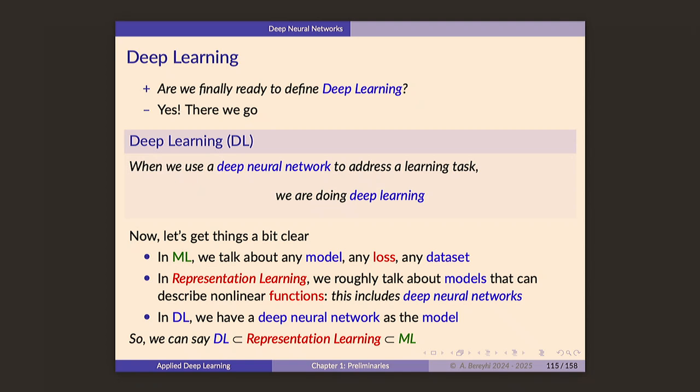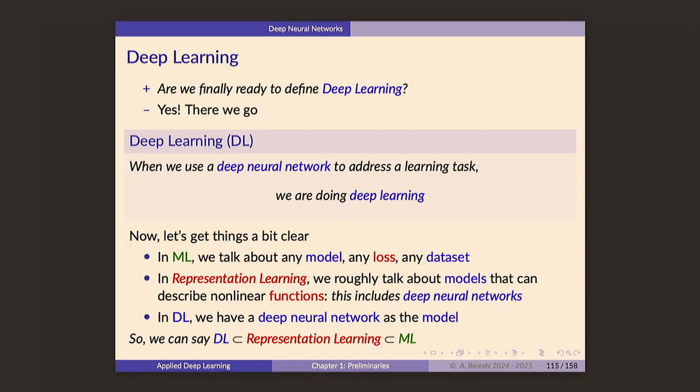So this is why if you check any textbook, they're going to tell you that deep learning is a subset of representation learning, which is a subset of machine learning. Yeah? Because machine learning talks about anything general. In representation learning, you are focusing on nonlinear functions. And in deep learning, you are just focusing on neural networks which are still able to do the nonlinear functions. So deep learning is a much smaller set of models as compared to representation learning.